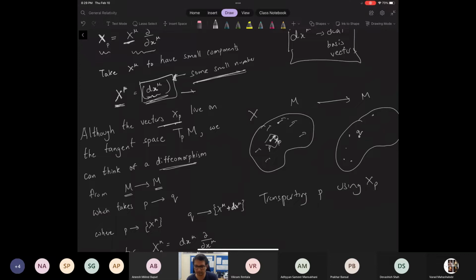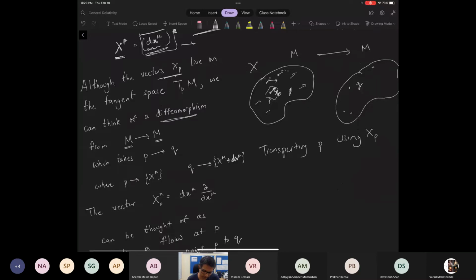So it's kind of like a translation of points, moving them forward or in any arbitrary way. Some points might move like this, some points might move like this, and so on, along some vector. So the vector X_P at some point gives you a direction in which the point P will move along the manifold.